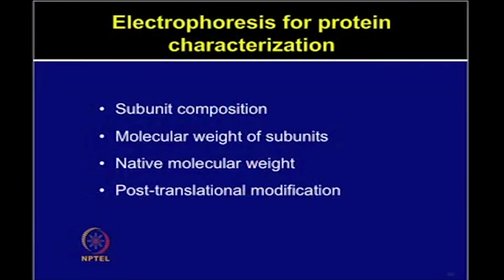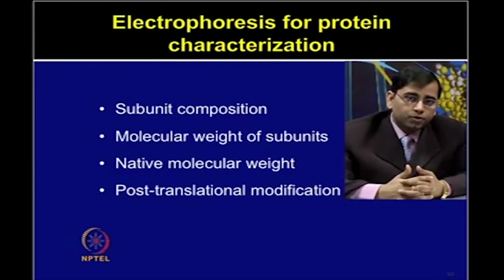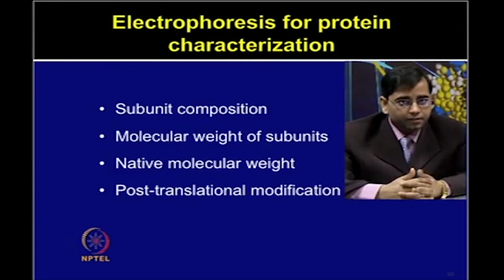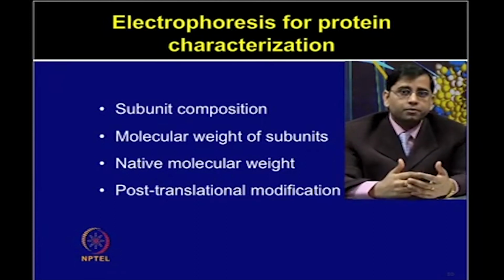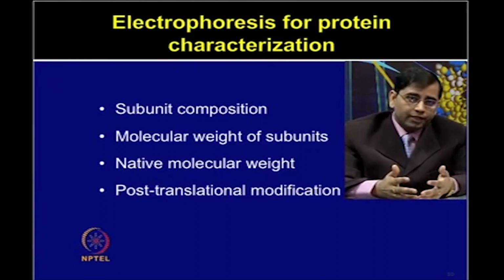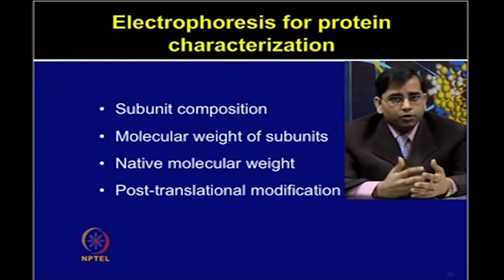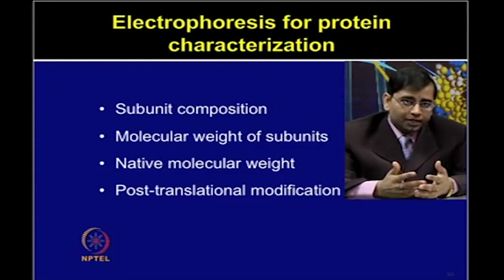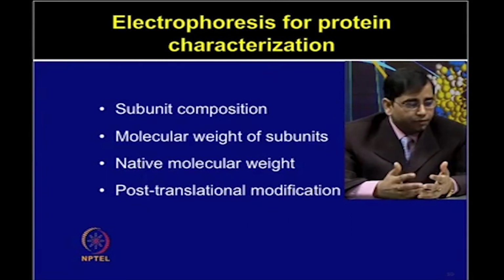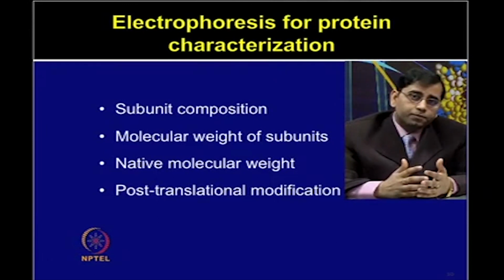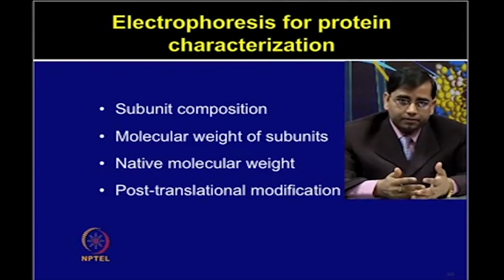The electrophoretic techniques can be used for protein characterization to study different properties. For example, the subunit composition of the proteins. What is the molecular weight of those subunits? What is the molecular weight of native proteins? Different types of post-translational modifications.